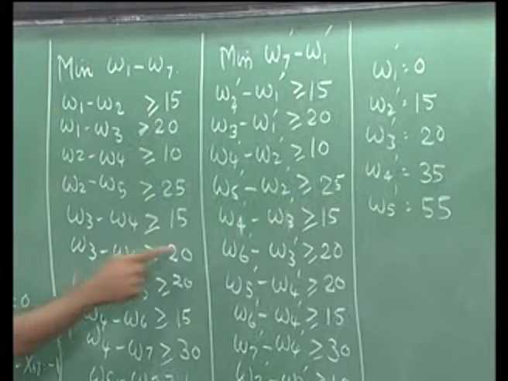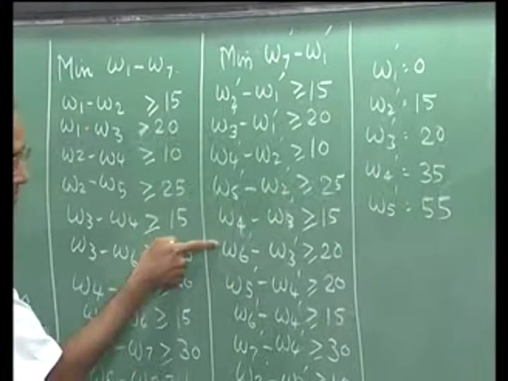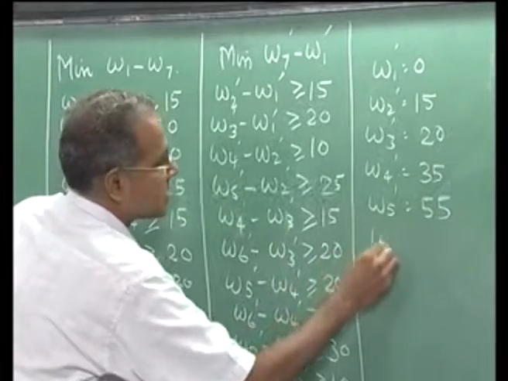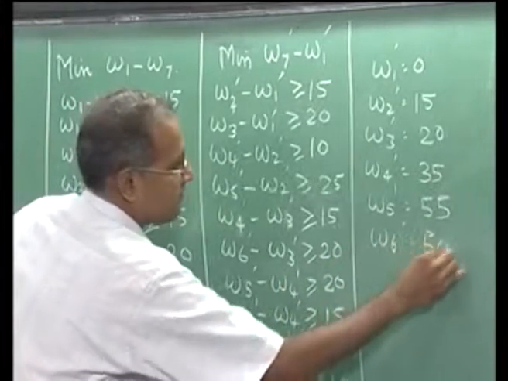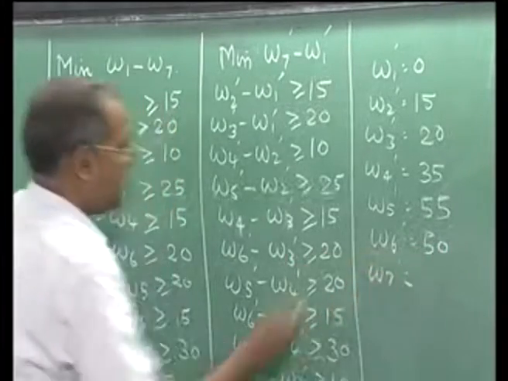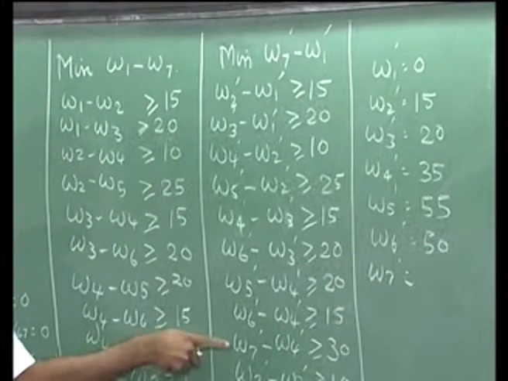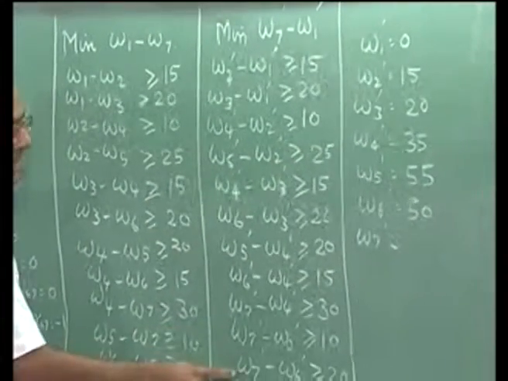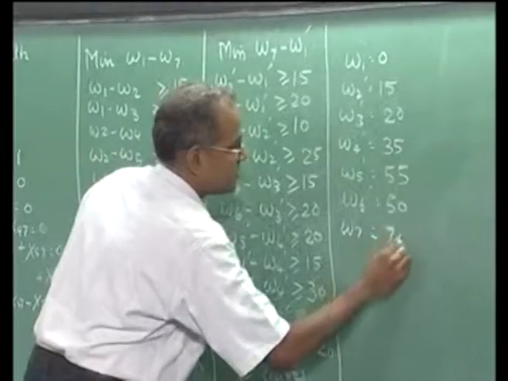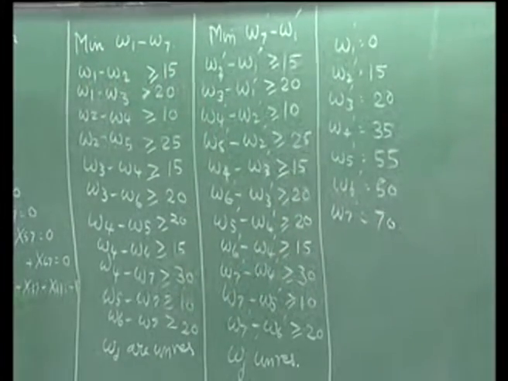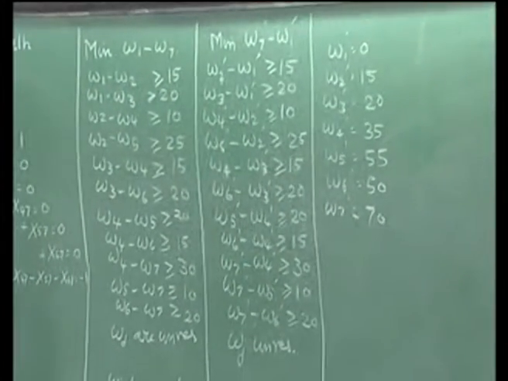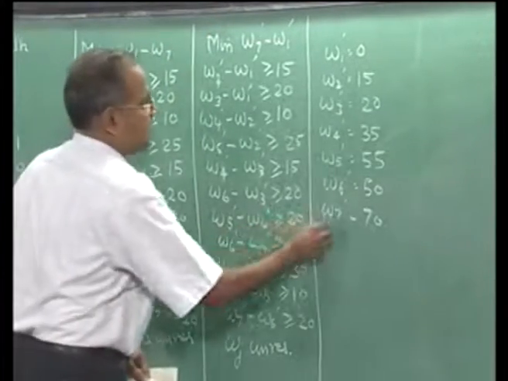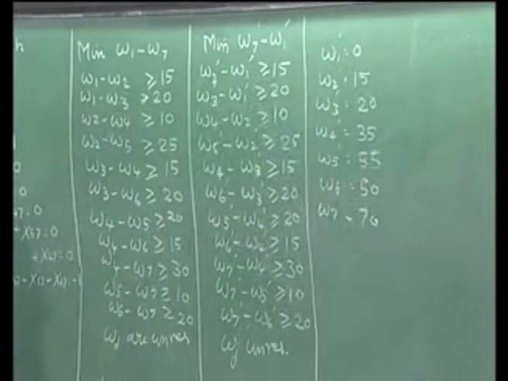For W6 dash you get 20 plus 20, 40, and then 35 plus 15, 50, so W6 dash will become 50, and W7 dash will become, this is 30 plus 35, 65, this is 55 plus 10, 65, plus 20, 70. So starting with W1 dash equal to 0, we can go through this set, and by inspection we can get a solution here with 70.